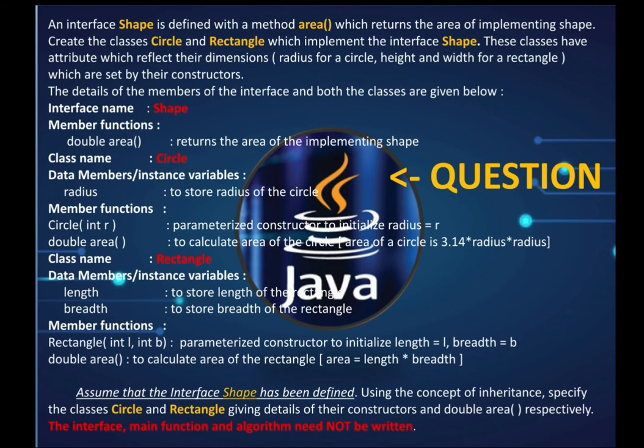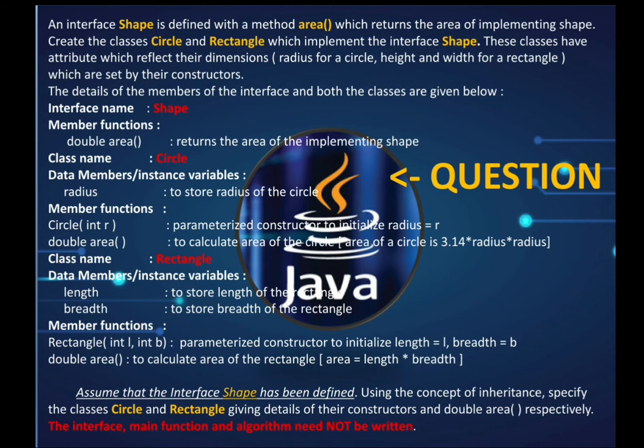We are overriding it, we are implementing it in the derived class. The derived class is circle which inherits the interface, and we have to implement the function of the interface in the class. Then we have a rectangle class, variables for length and breadth, and we have a constructor which provides the value of length and breadth, and again we are having a function of the interface, and we have to implement the function of the interface here by providing the body to the function.